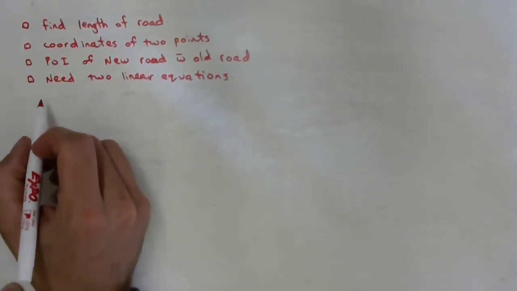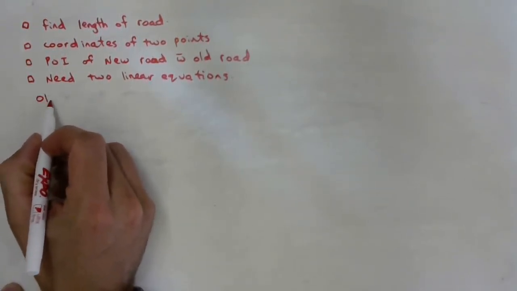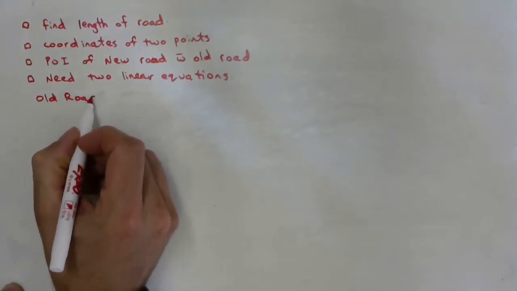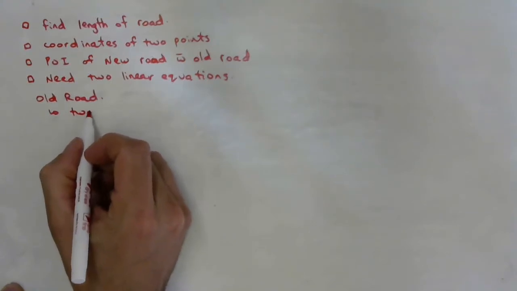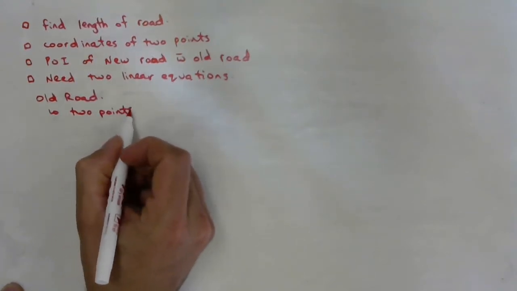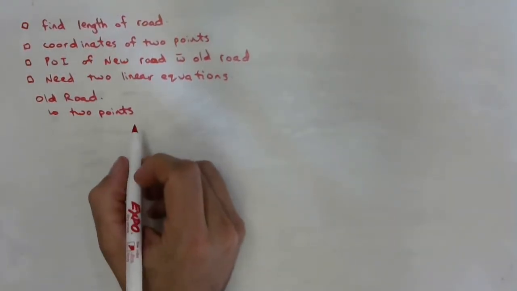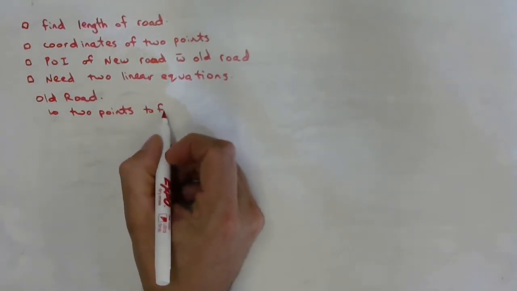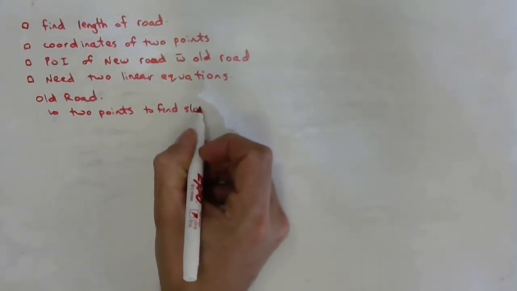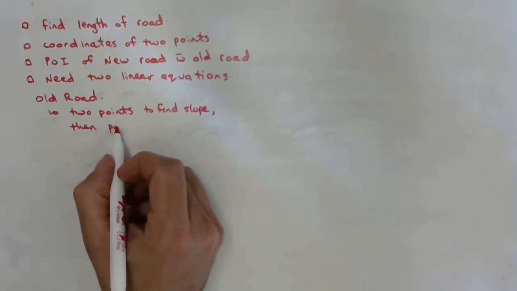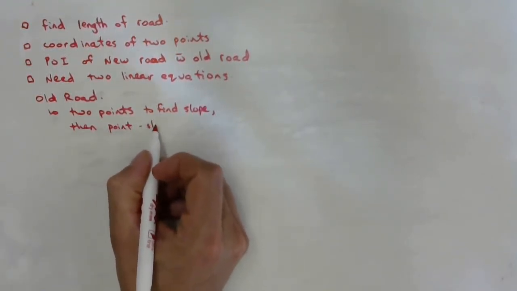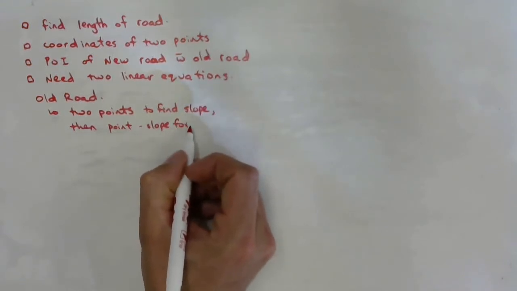Okay, so for one line, for the old road, I'm going to use 2 points. You should be writing really small if you're writing all this. 2 points to find slope, then point slope form.